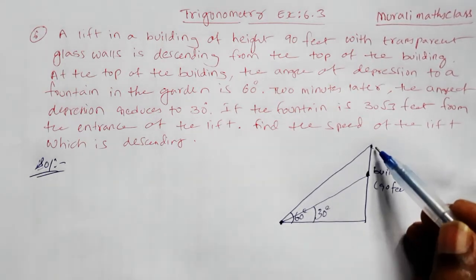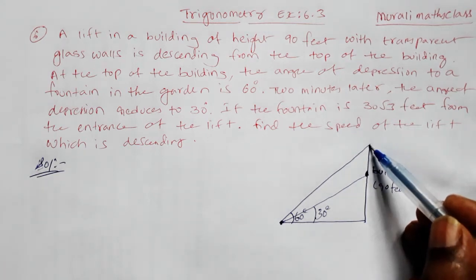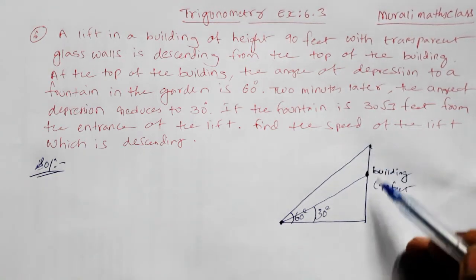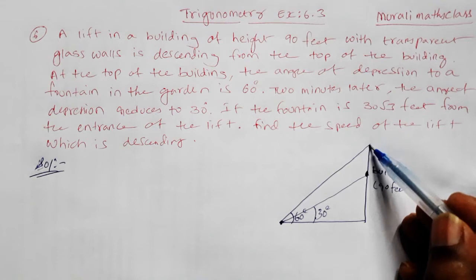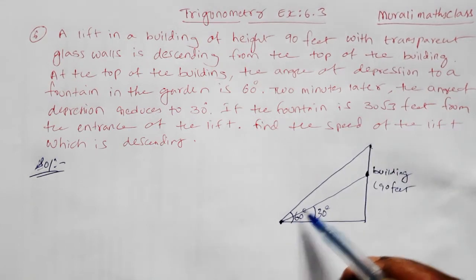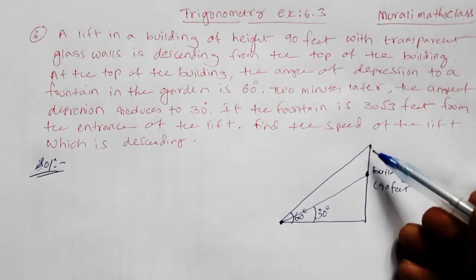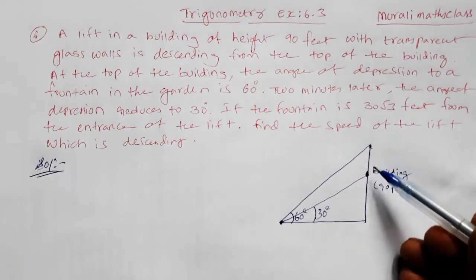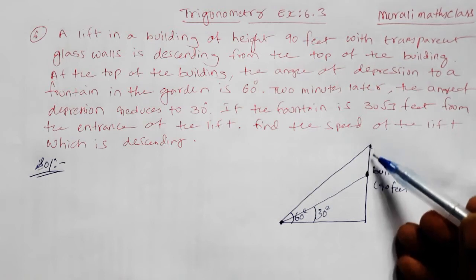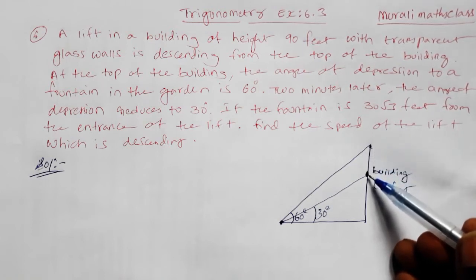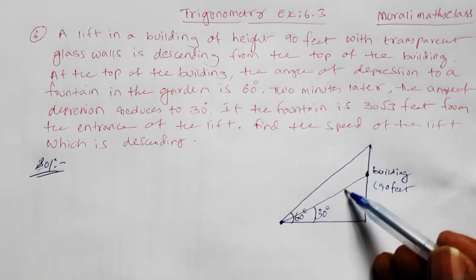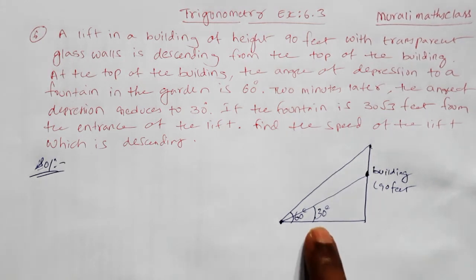At the starting, at the top of the building, they gave 60 degrees. After 2 minutes the lift will have traveled some distance, no? So let us think that it traveled this much distance in 2 minutes.